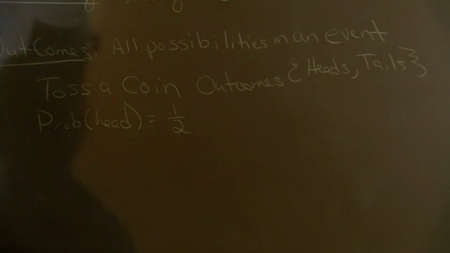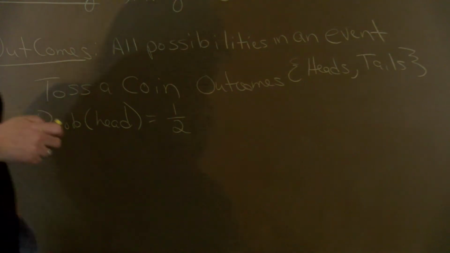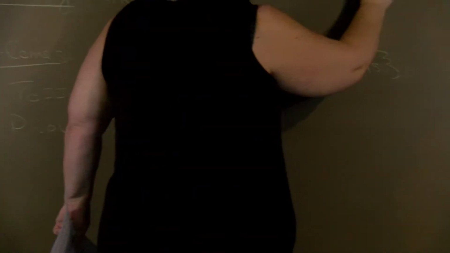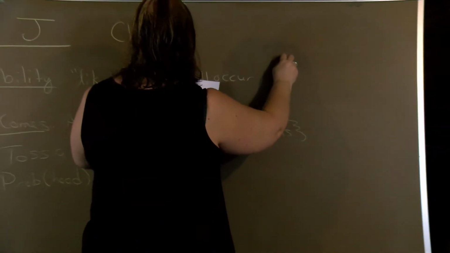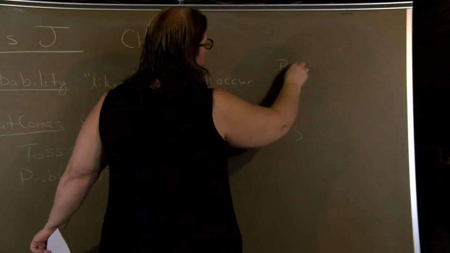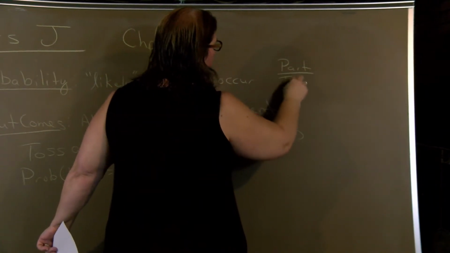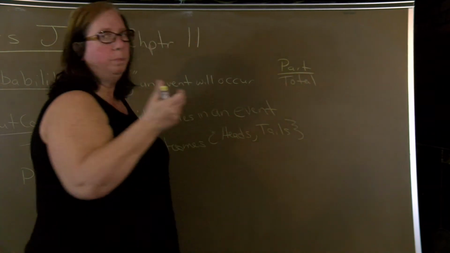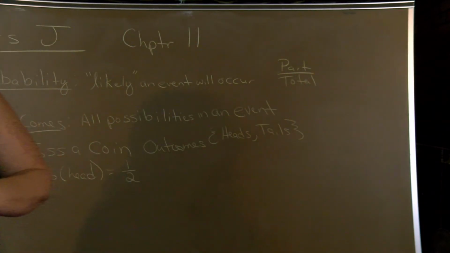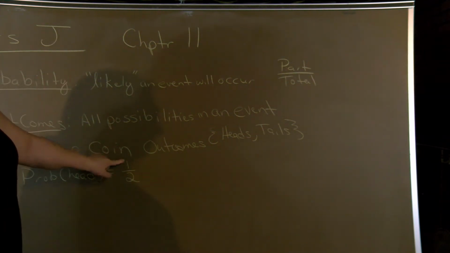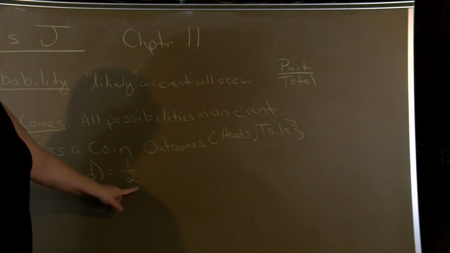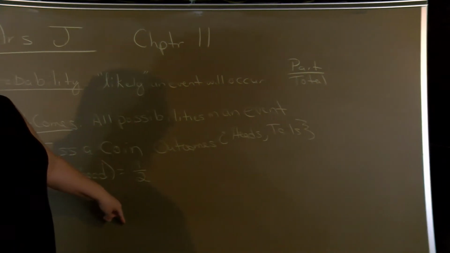The reason being, when you're finding the probability, it's the part over the total. And so the probability we were looking for was head. So the part we're looking for is a head, which is 1, out of all of the outcomes, which is 2. And so it would be 1/2.